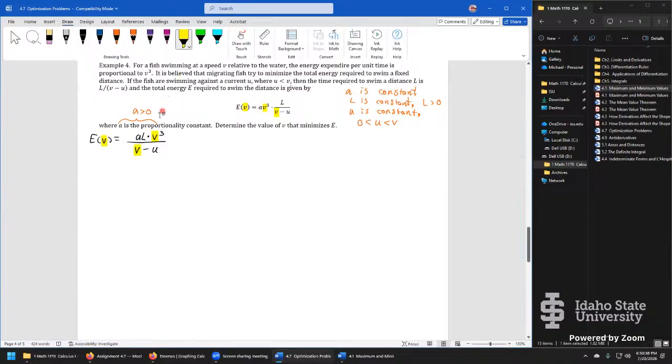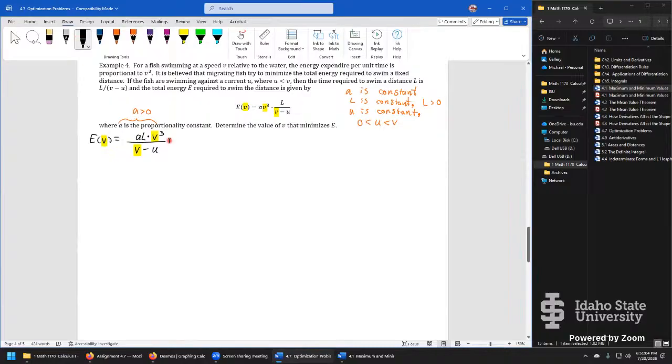It's going to play that role. A times L is just a constant, like the number 10. And U, lowercase u, is also constant, say a number like pi. So when we differentiate, we'll use the differentiation rules that take into account that those are all just constants. And that gets us started. That's our function. We can certainly differentiate this.